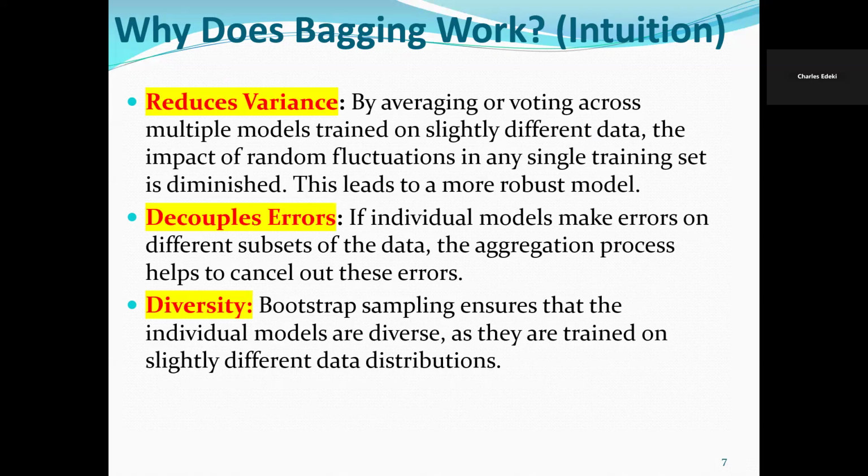Now, if we can break this training data into 10 sub-training sets and build 10 different models, and either we average or we take the majority, you can see the variance is gone. Now we mix everything together. Individual models, especially flexible ones like a decision tree, are very prone to high variance.